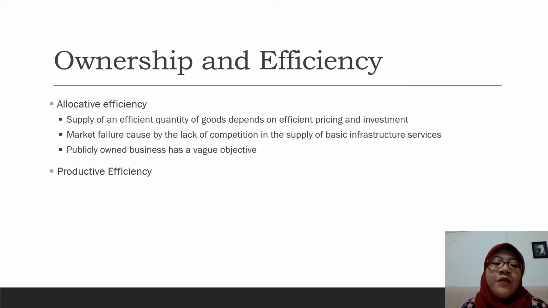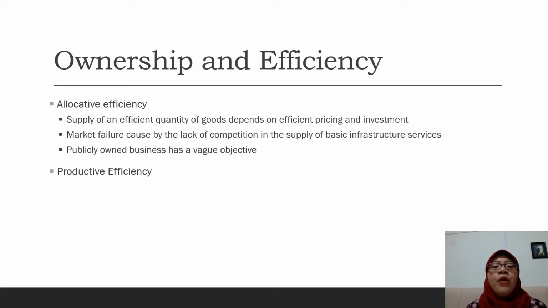Ownership and efficiency are the main objectives. The first is allocative efficiency, the second is productive efficiency. With allocative efficiency, they would like to supply an efficient quantity of goods, depending on efficient pricing, and try to decrease market failure.